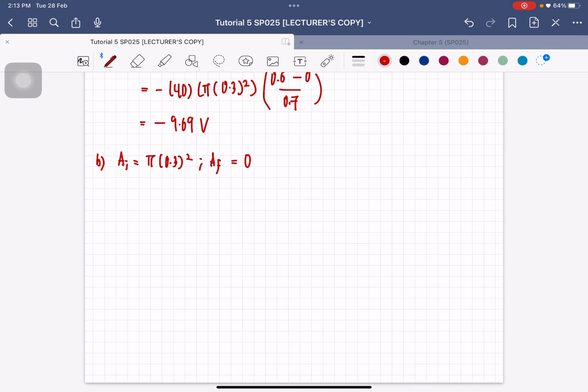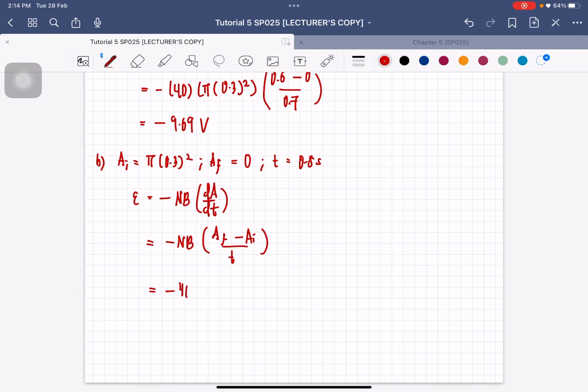So the time it took to do this is 0.8 seconds. Alright. So for this one, we are going to use negative NB dA over dt. So this is negative NB, area final minus area initial divided by the time.